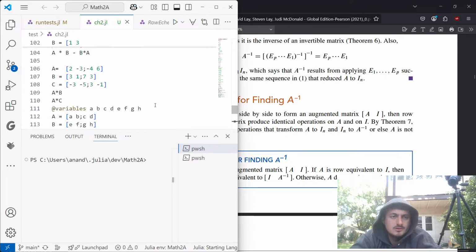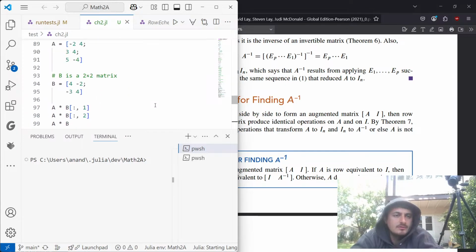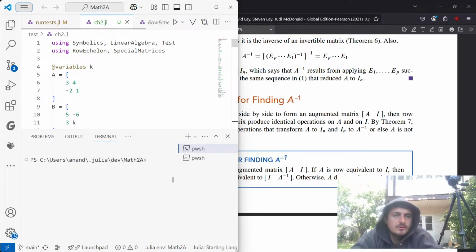Okay, so using linear algebra, where are my usings? Where is it? Here we go.